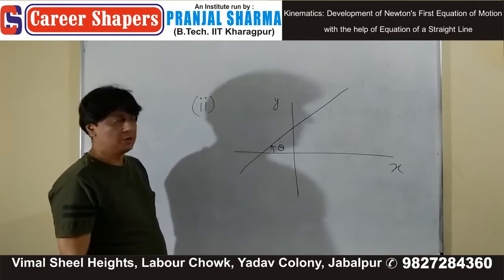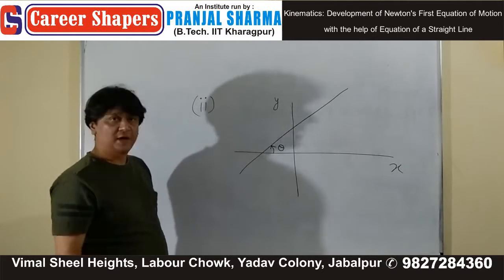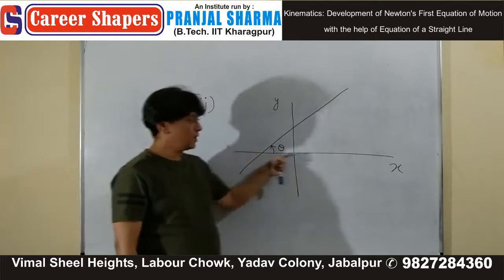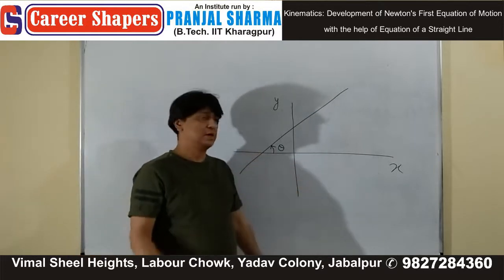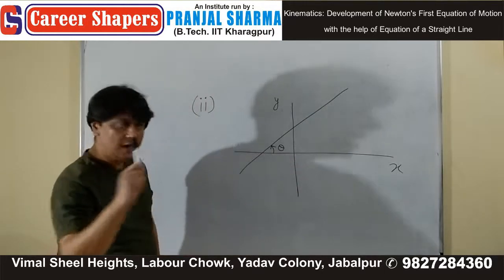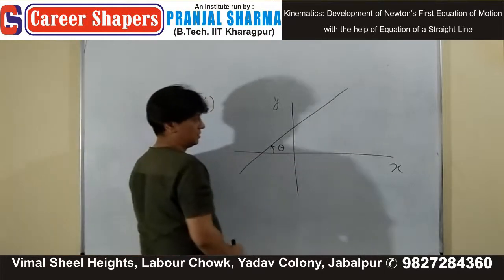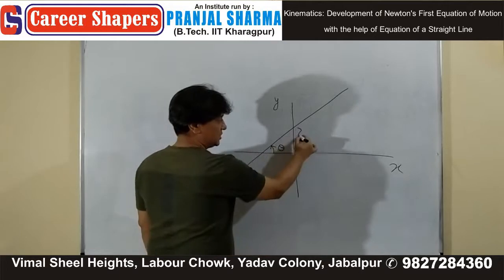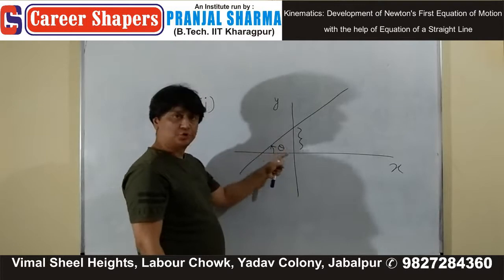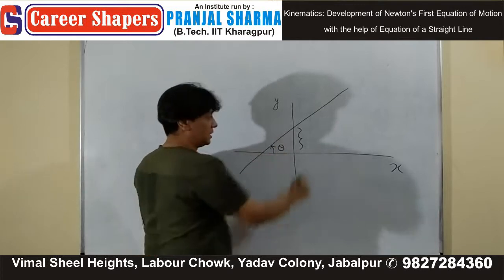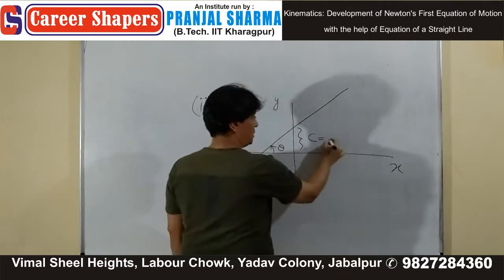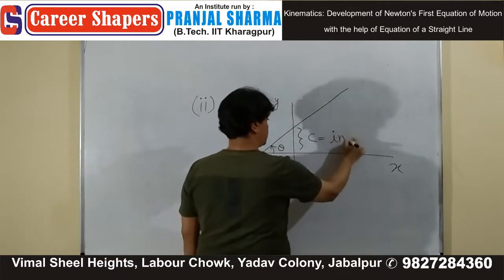Equation of a line which makes an angle of theta from the x-axis, inside the bracket, horizontal axis. And look here, this portion which you see is called C, is called intercept.